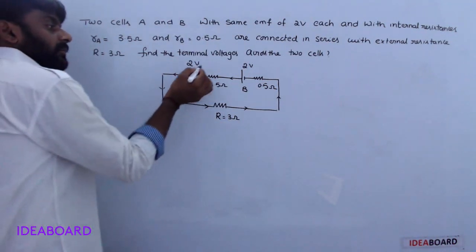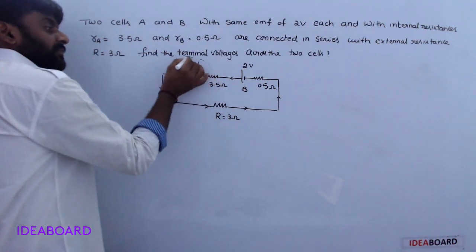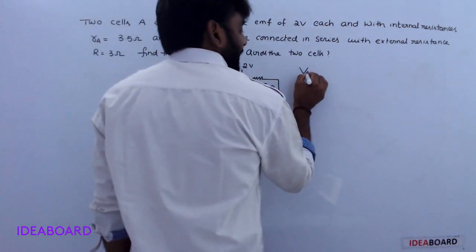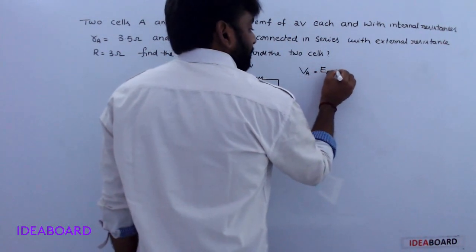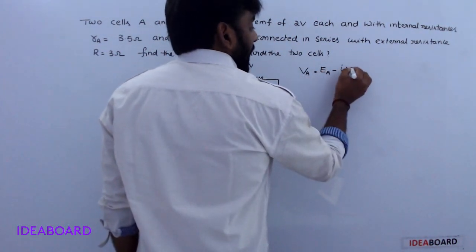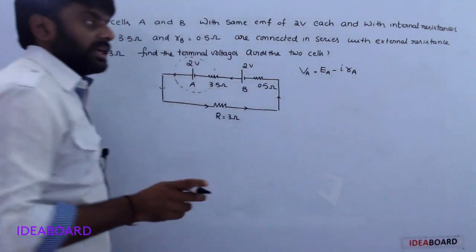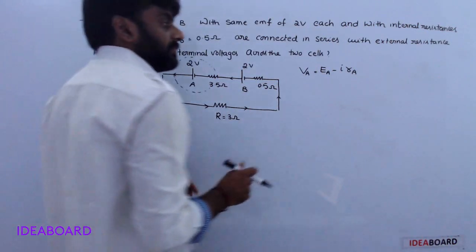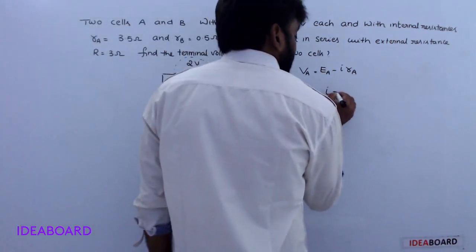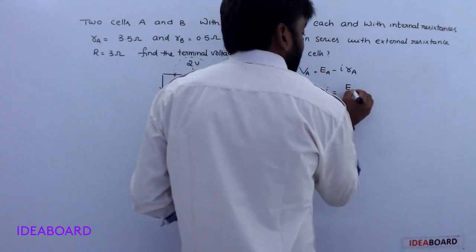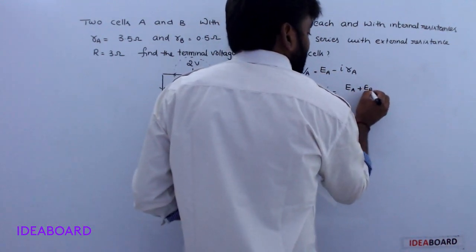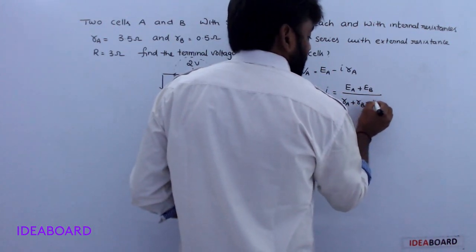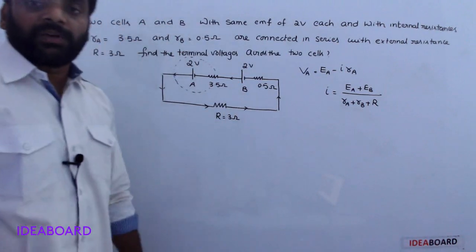Now the potential drop across the first cell, V_A, is equal to E_A minus I r_A. First of all, find the current. Current is equal to net EMF, E_A plus E_B, divided by net resistance r_A plus r_B plus capital R. You know this formula already.